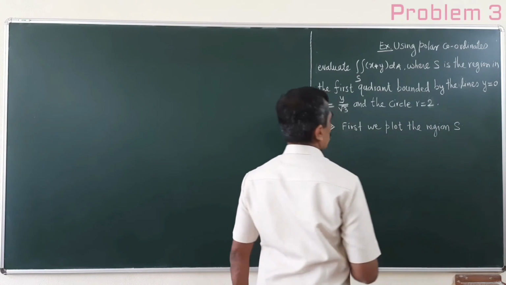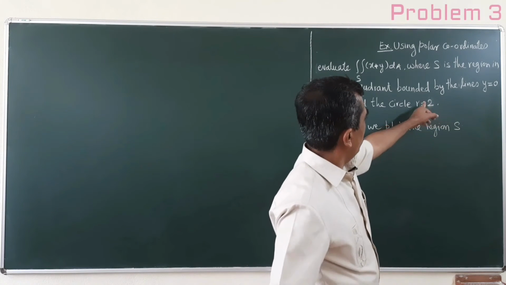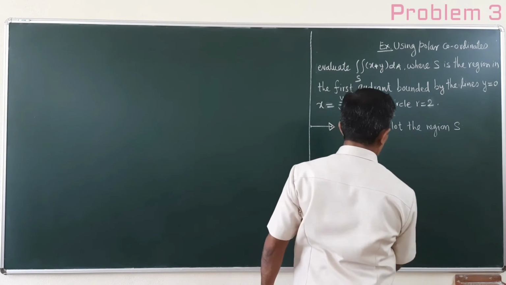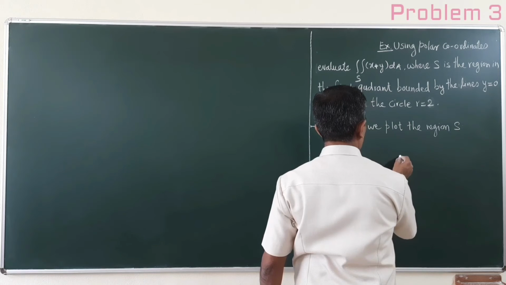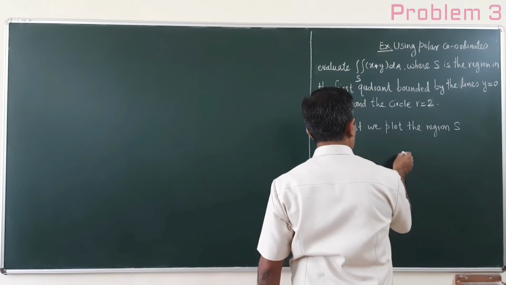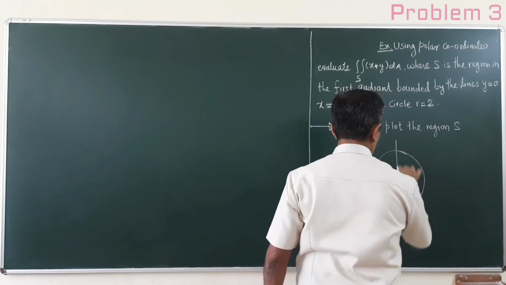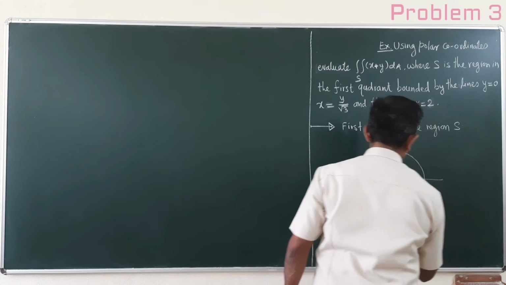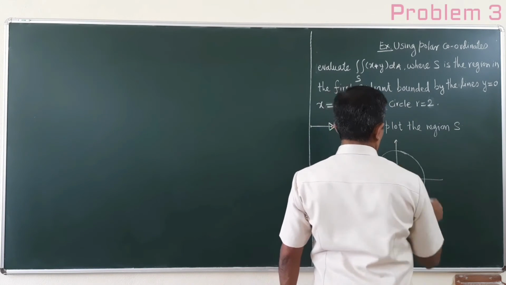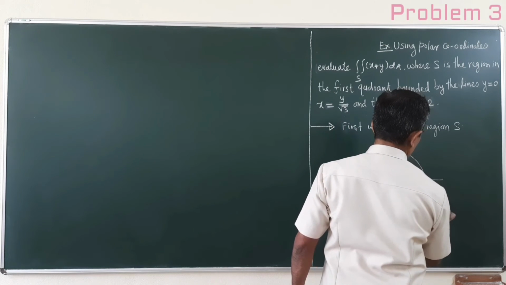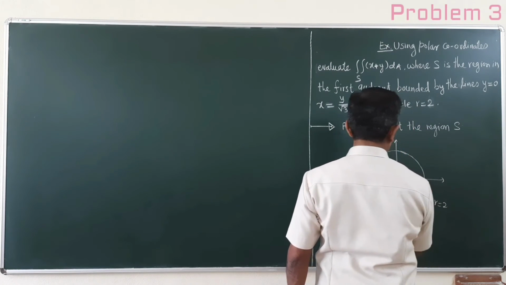Region S. So how is our region? It is the circle r is equal to 2, radius 2. So this is the circle r is equal to 2.